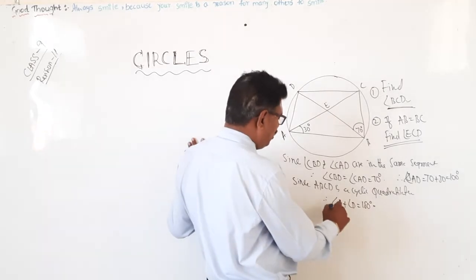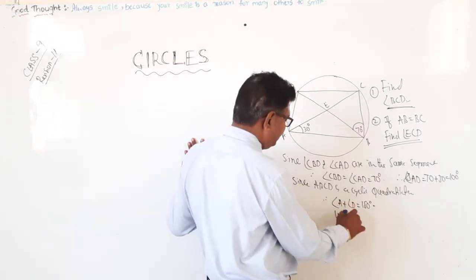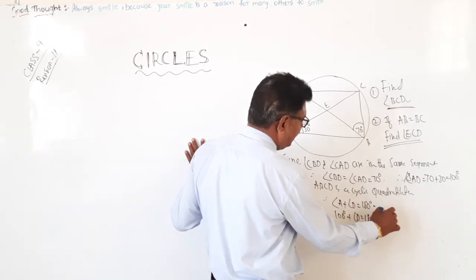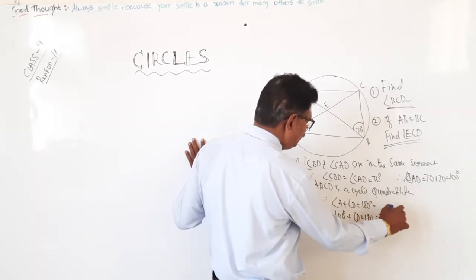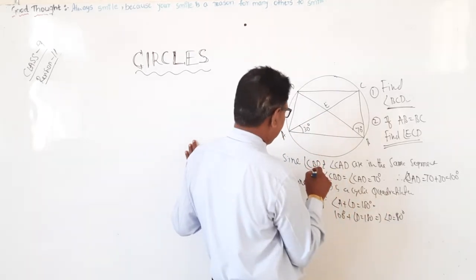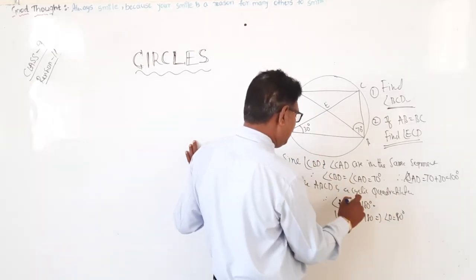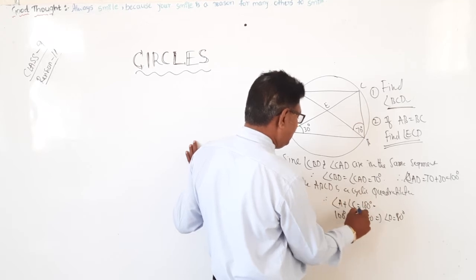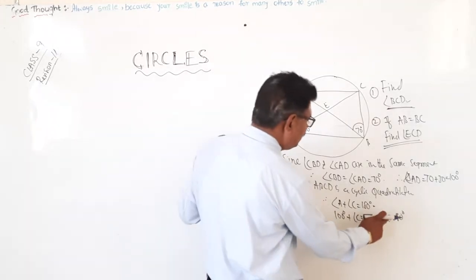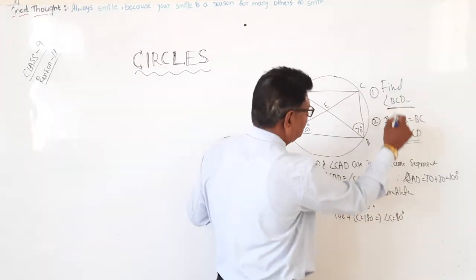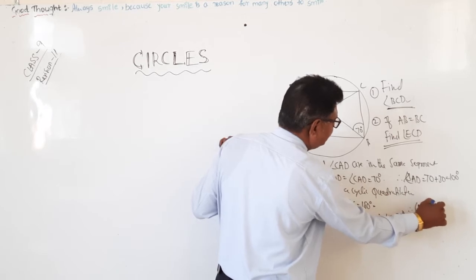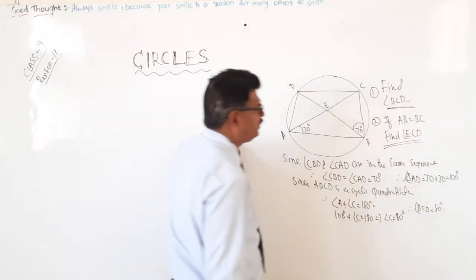Therefore, angle A is 100 degrees plus D equals 180, which implies angle D equals 80. Therefore, angle C, angle BCD is equal to 80 degrees.